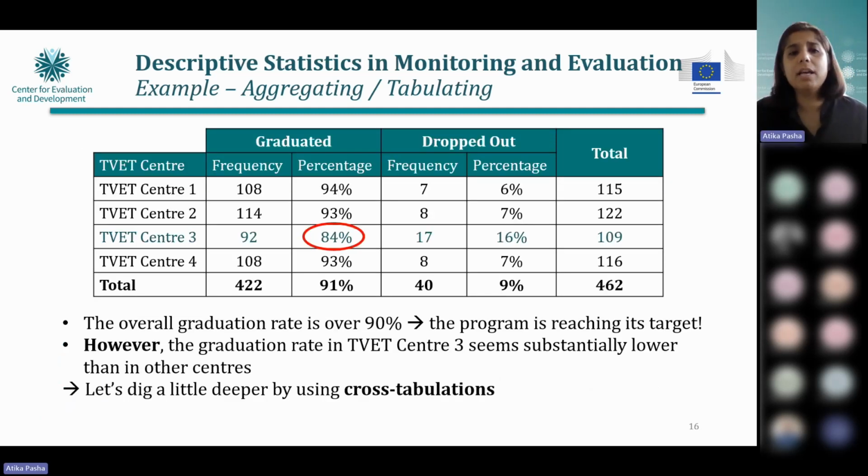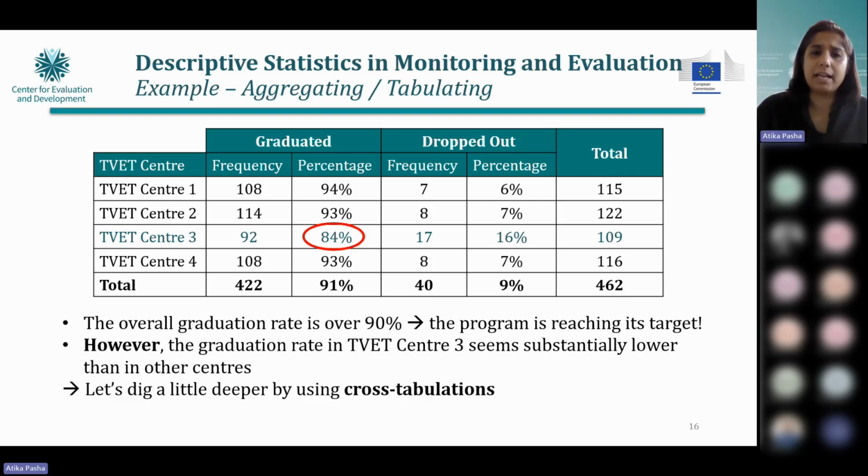And that specifically is the values from TVET Center 3, where you see that the dropout rate was much higher, nearly 10% points more than the remaining centers at 16%, and thereby the graduation rate is 10% lower, and lower than the 90%, which was the specific goal of the program.